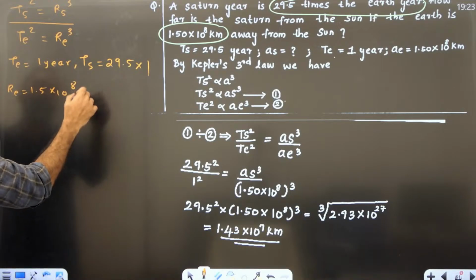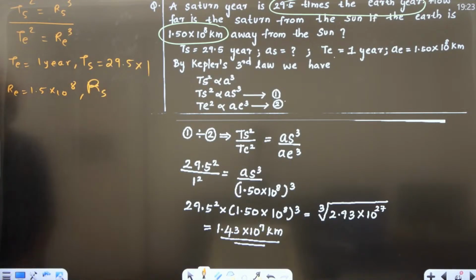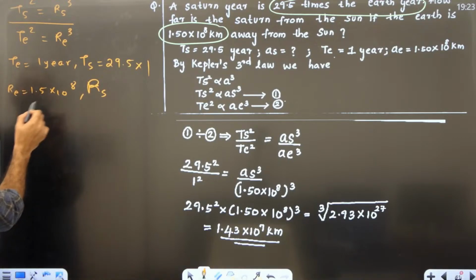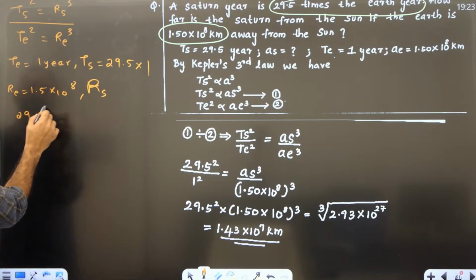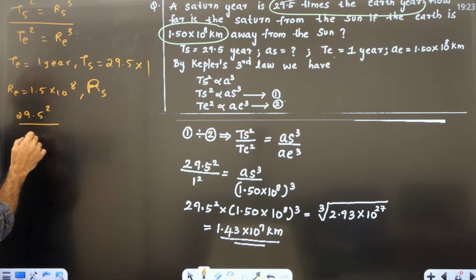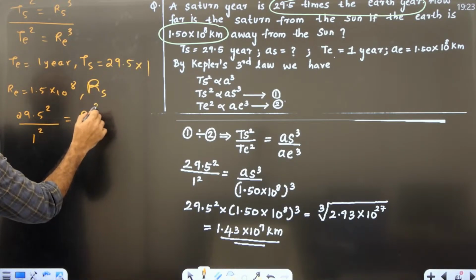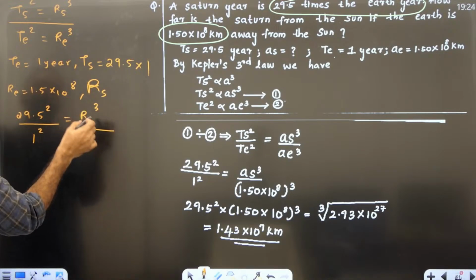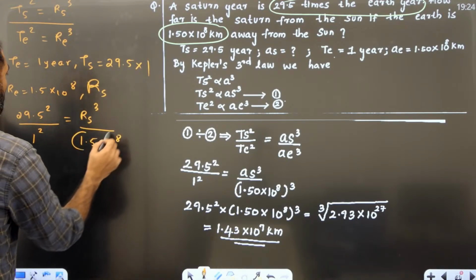We have to find out the radius of Saturn from the Sun. So what is the formula? Ts square is 29.5 square, divided by time period of Earth square, 1 square. Saturn radius we don't know, so I am putting it cube only. Earth radius is 1.5 into 10 raised to 8, the whole cube.